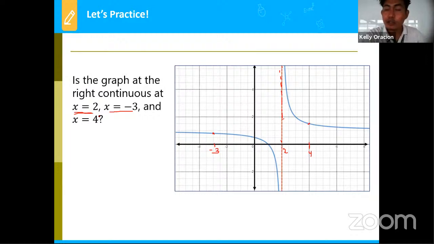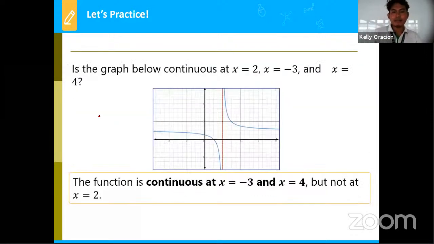Why not continuous? Because x is equal to 2 is your vertical asymptote. So the function is continuous at x is equal to negative 3 and 4 but not at x is equal to 2, because x is equal to 2 is your vertical asymptote.